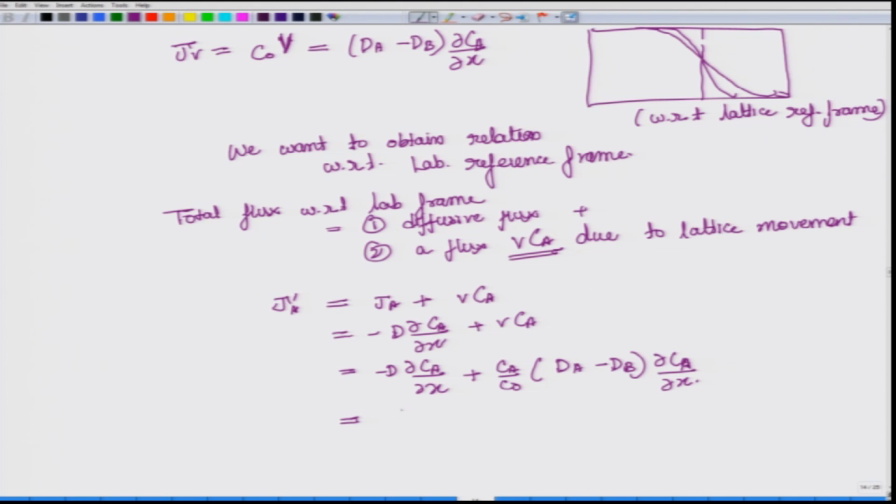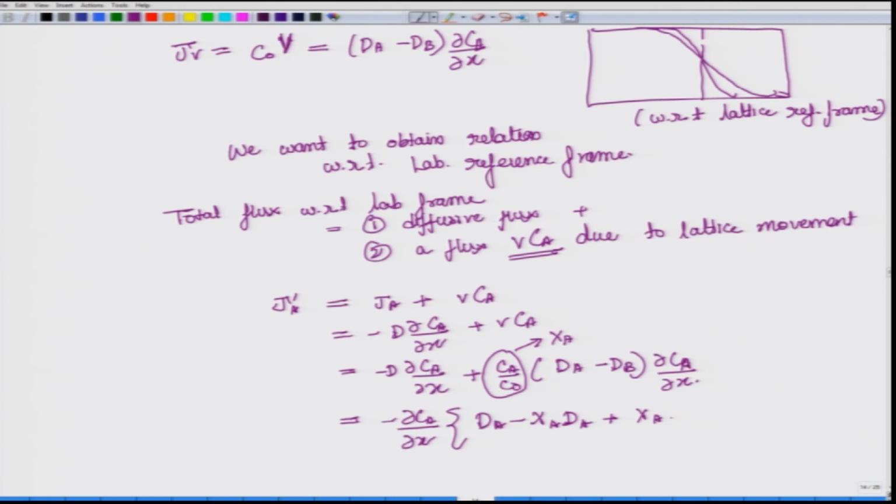And when you put them together, what you will get is dA minus XA dA plus XA, this quantity is XA.